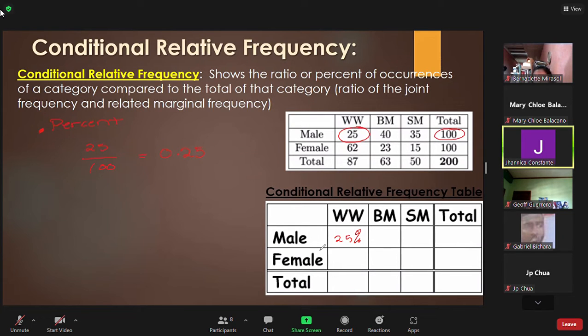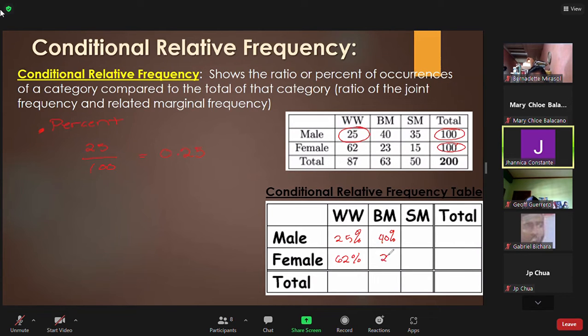That's our conditional relative frequency table. For the 62 females that responded for Wonder Woman, we have 62%, since we have the same total number in the row, which is 100 also. 62 plus 23 plus 15 is equal to 100. For 40 for Batman divided by 100, we have 40%.